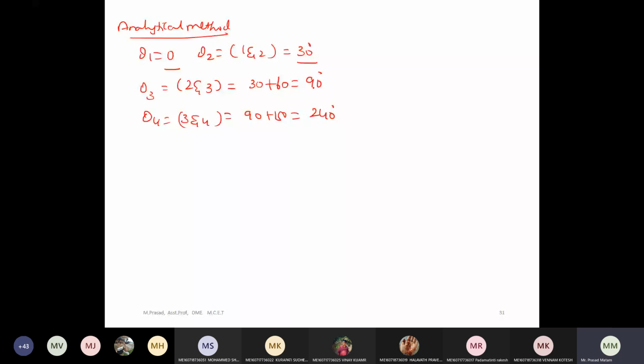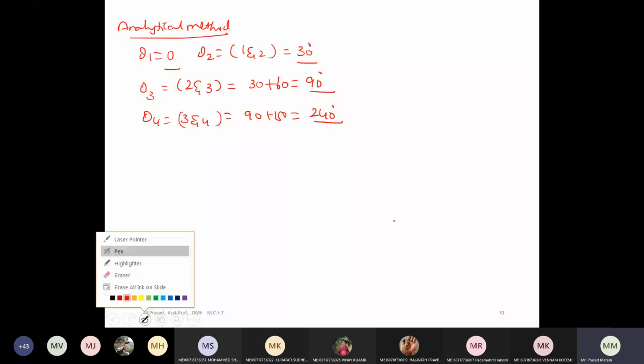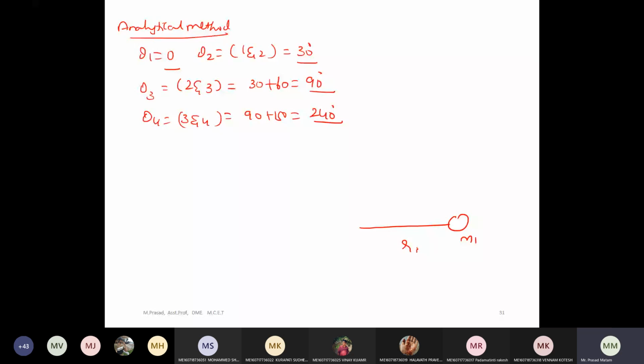So for this, every time you try to draw a configuration diagram. Let me go for the configuration diagram. First mass making an angle of 0 degrees. This is mass m1 at r1 making an angle of 0 degrees. Second mass, from here you draw a line, making an angle of 30 degrees, and this is R2.